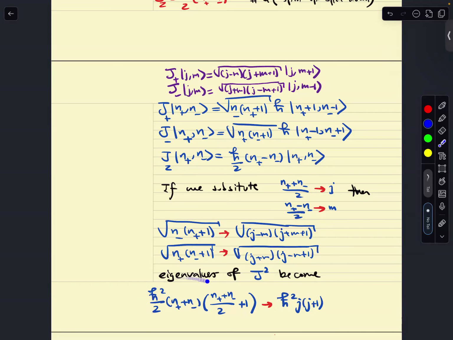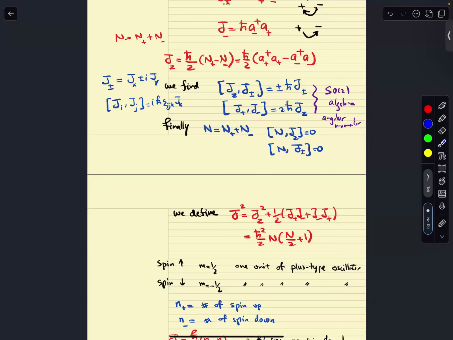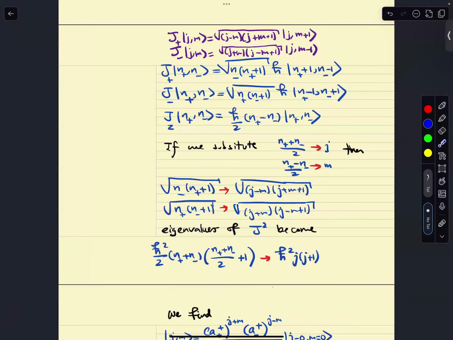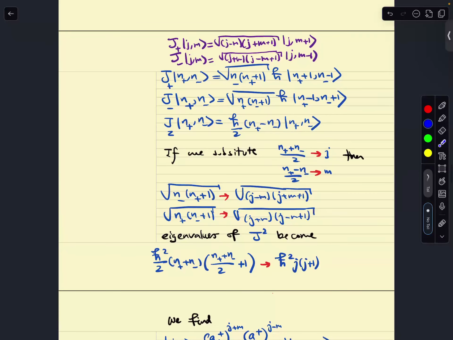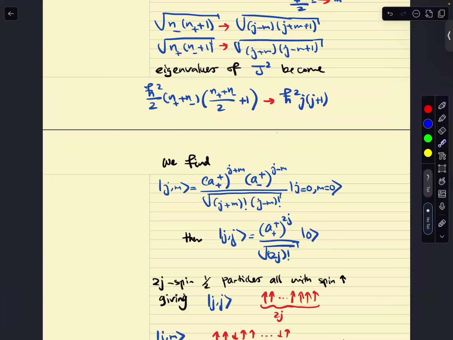Similarly, the eigenvalues of the J squared operator, this guy, which is h bar squared n over 2 times n over 2 plus 1, goes to h bar squared j times j plus 1, as expected, right? So we find that the ket jm written in the Schwinger oscillator model is nothing but the vacuum, which is 0, 0, acted on with a plus dagger to the power of j plus m, a minus dagger to the power of j minus m.